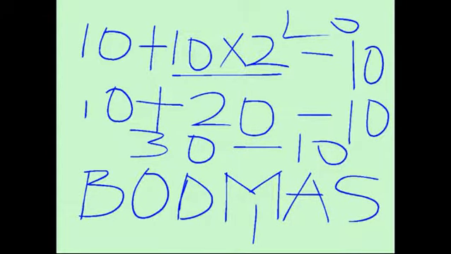Then take note of this second example. If you have 10 plus 10, all in brackets like this, times 2 minus 10, first of all you have to resolve what is in the bracket, according to BODMAS.